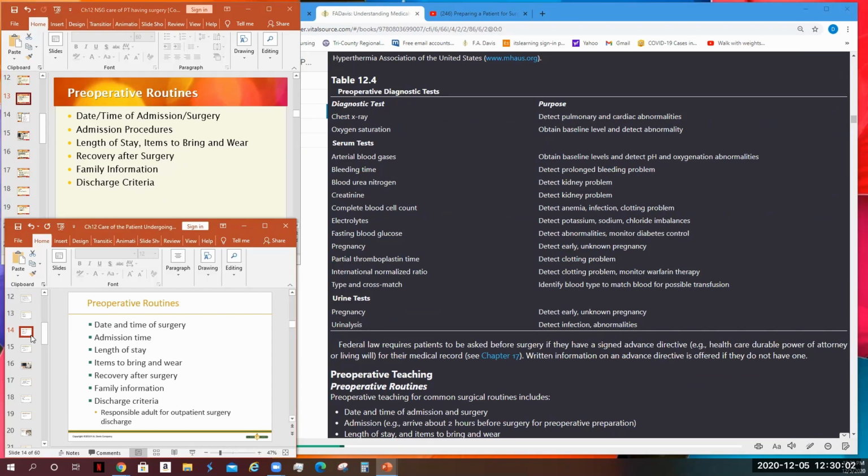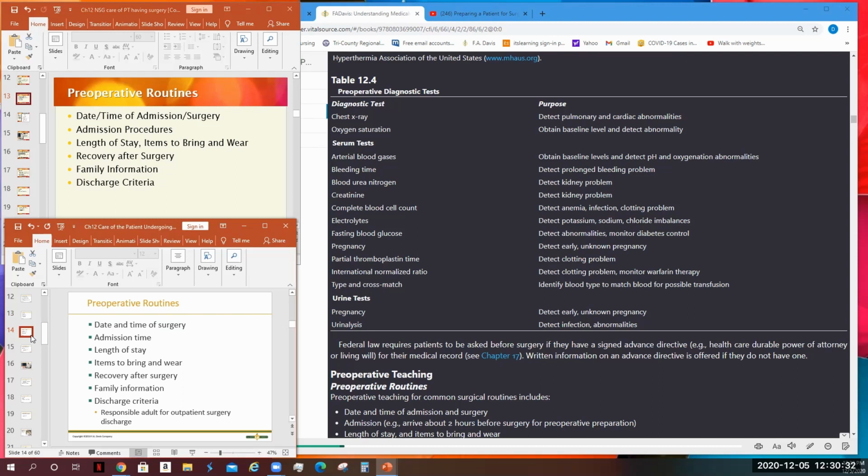Serum tests that are performed include arterial blood gases, to obtain baseline levels and detect pH and oxygenation abnormalities. There's a bleeding time test to detect prolonged bleeding problems. A blood urea nitrogen can detect a kidney problem, and creatinine can detect a kidney problem.